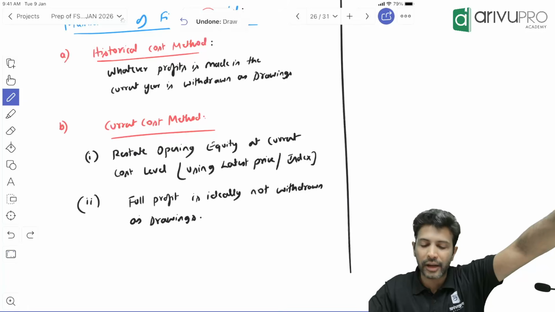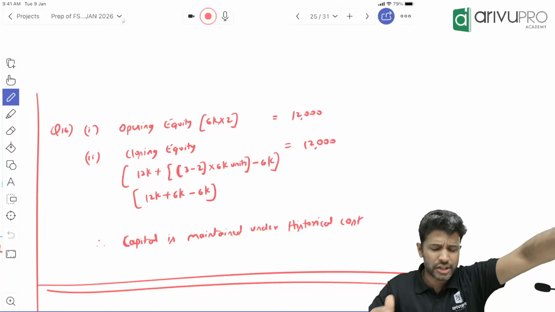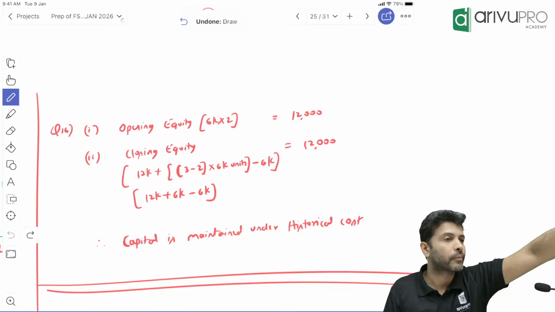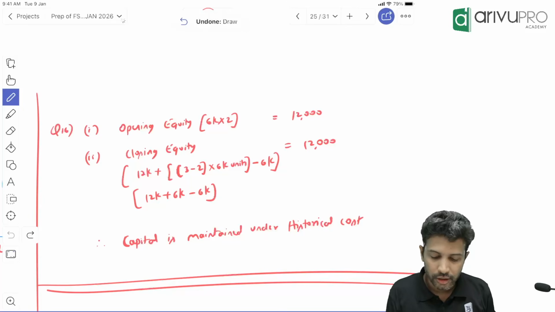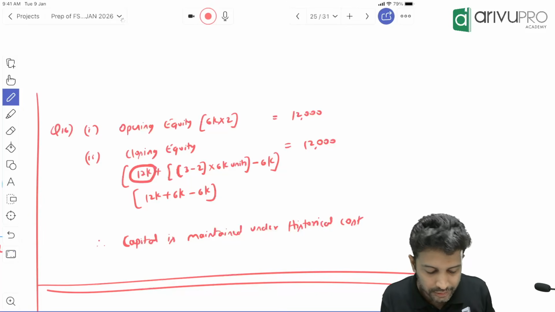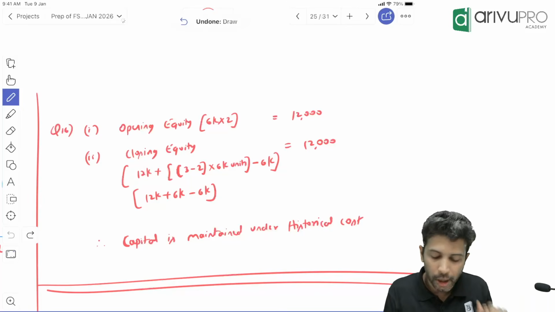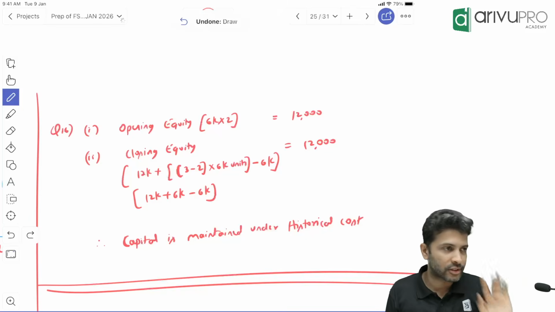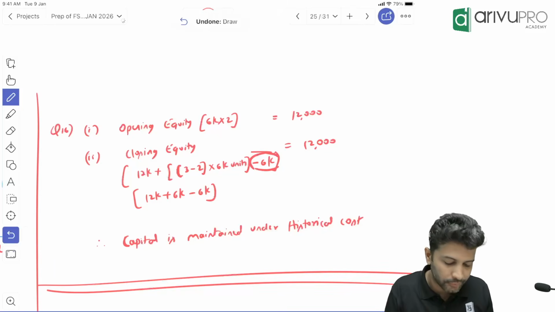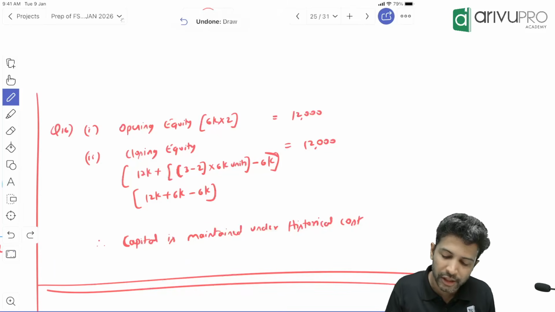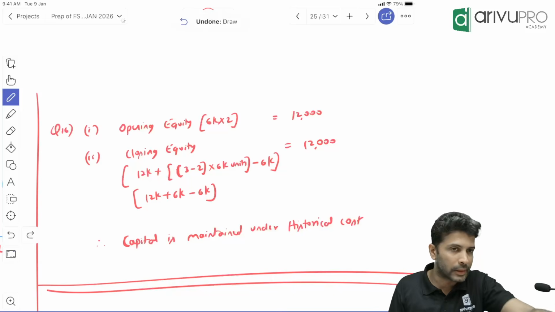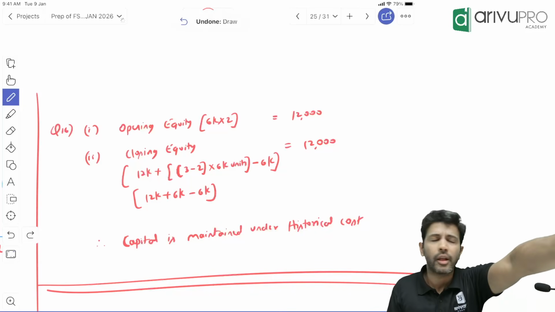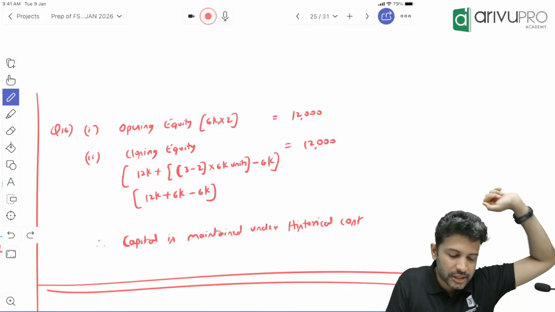Now people, everybody check the screen for a minute. Historical cost is quite stupid. Why? Check. How much money did you have at year beginning? 12,000. How much profit did you make? 6,000. If you withdraw the entire 6,000, how much money will you have at the end of the year? 12,000. Correct? Now people, use your common sense.